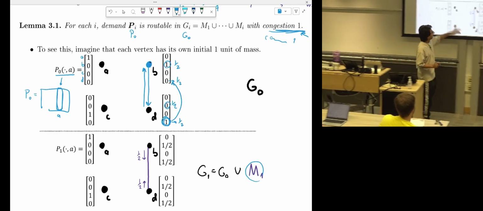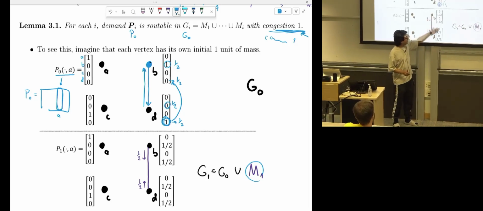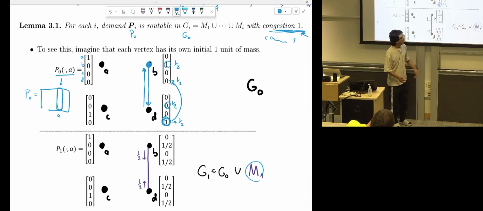So after this round, the probability mass, like the distribution at B, looks like this, and at D looks like this. Actually, they're gonna be the same, because basically you average them. Okay.